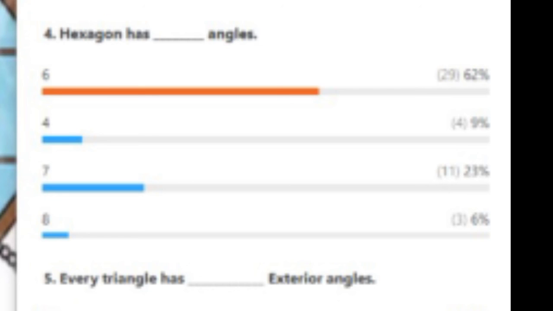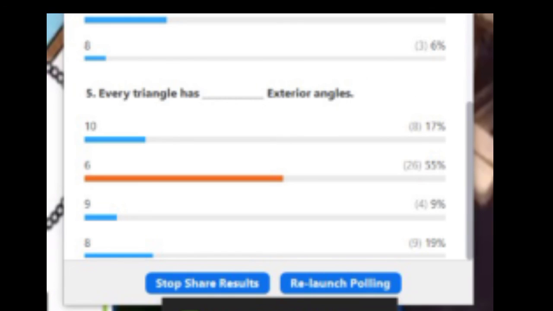a hexagon has dash angles. We all know that sides and angles are equal in polygons. So a hexagon has 6 sides, therefore a hexagon also has 6 angles. So 6 is the correct answer, and 62% of children pressed the correct answer.